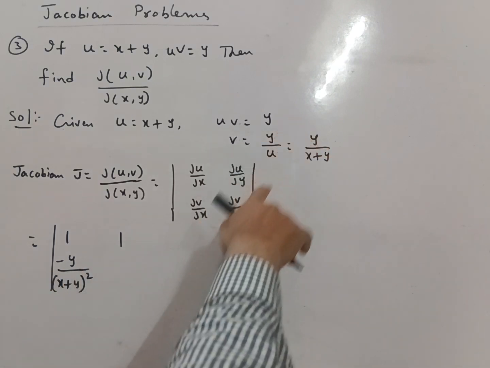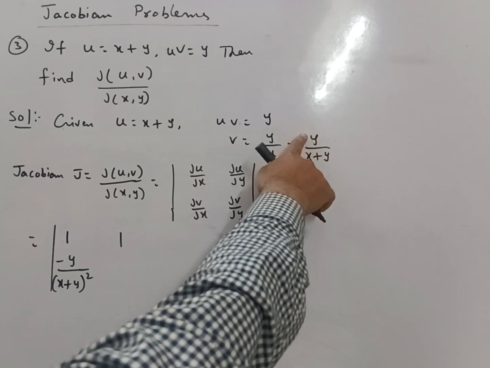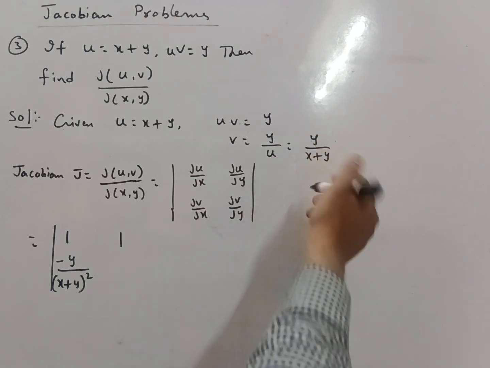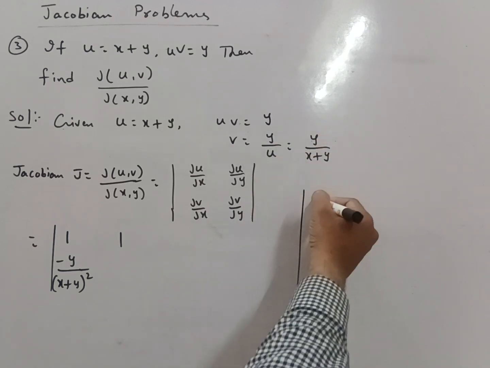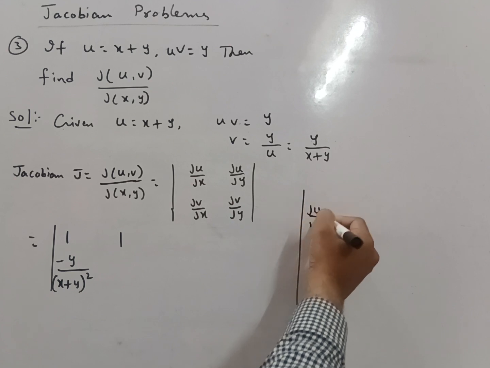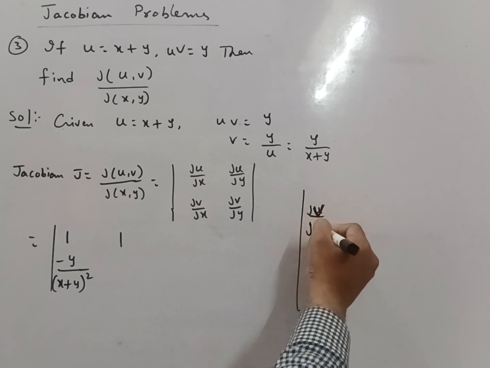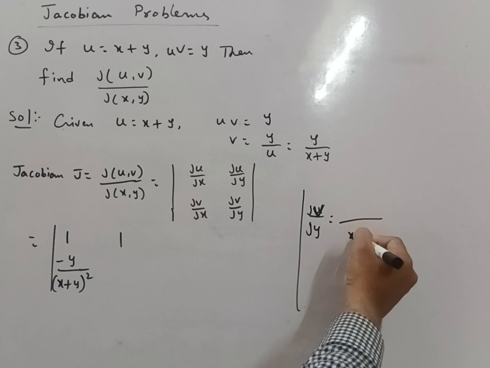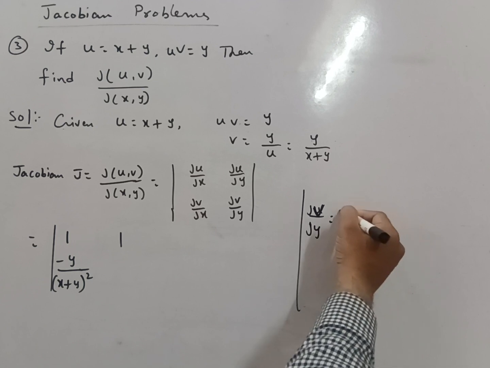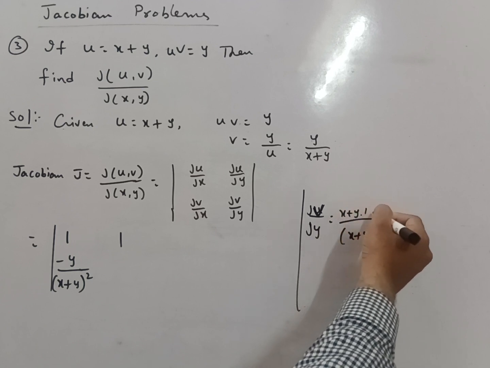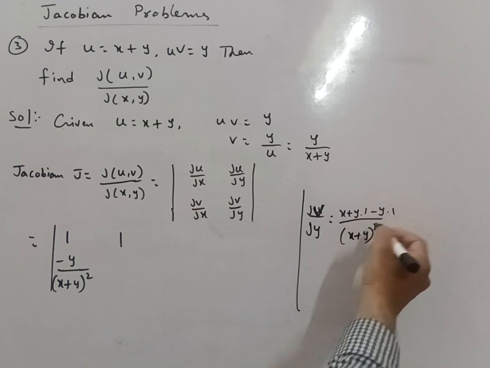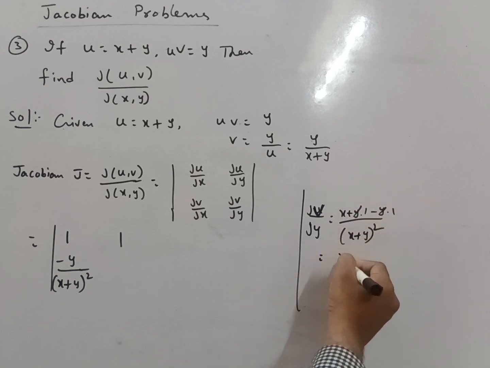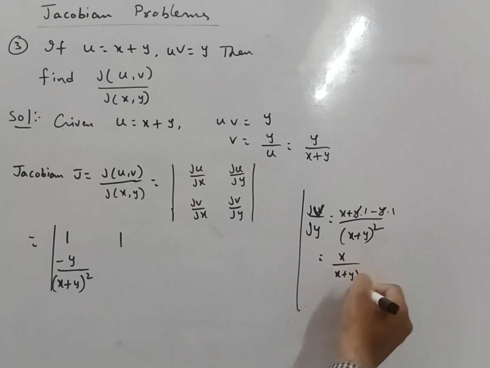Then again dou v by dou y: here also y is there, here also y is there, we use the u by v formula. Separately we calculate, dou v by dou y is equal to the u by v formula: x plus y whole square, x plus y into 1 minus y into 1. So y and y get cancelled, x by x plus y whole square.